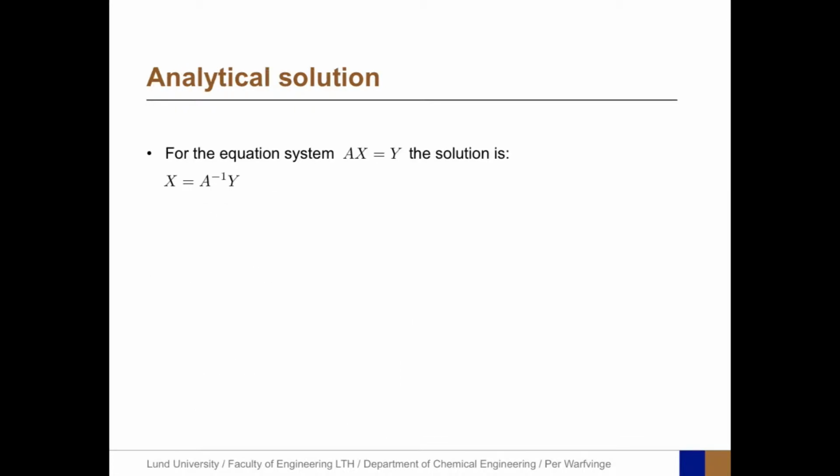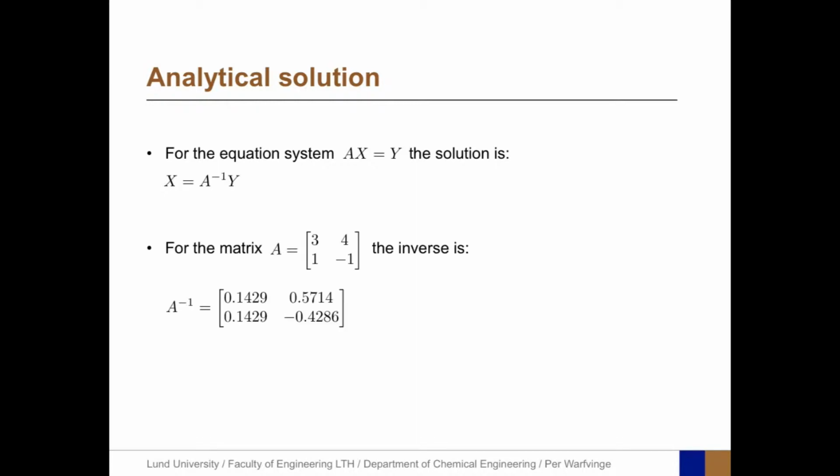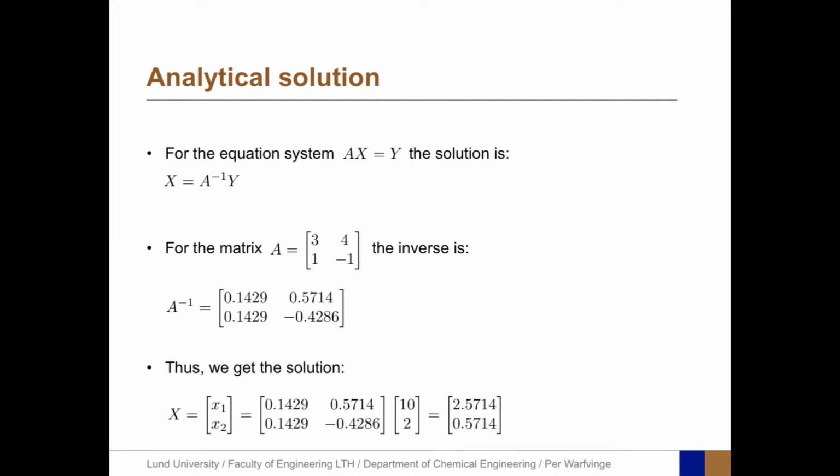When this is solved analytically, what we do is say that x equals the inverse of A times y. And here is the inverse of the matrix A, which is 3, 4, 1, minus 1. And what we see is the inverse is 0.14, etc. And to get x, we just take the various inverses and multiply them with the values to the right according to the rules of multiplication of matrices.